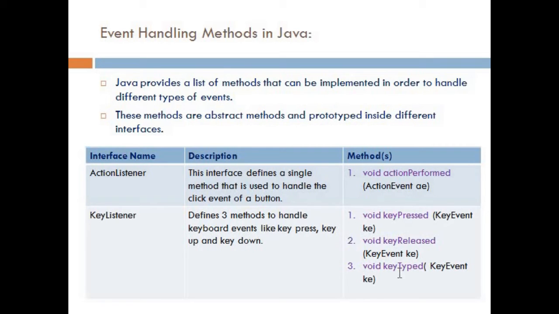Each of these methods performs a series of actions when the event such as key press, key up and key down occurs. Note that when the key is up, it means the key is released, and when the key is down, it means that something is being typed through the keyboard. So when the key down occurs, then this method gets activated, which is keyTyped.